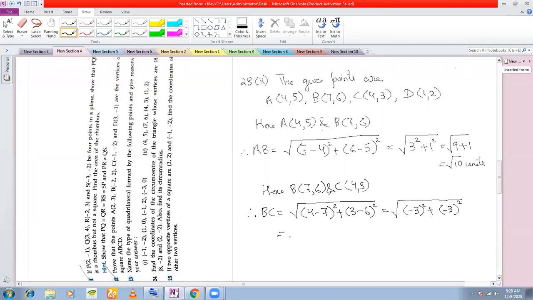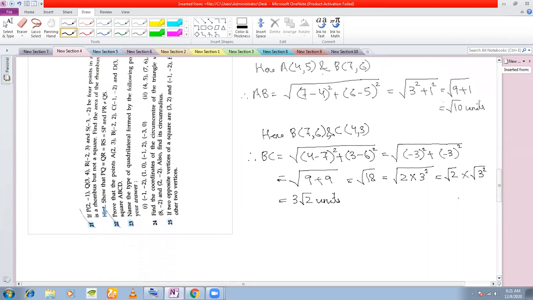We are getting 9 plus 9, in fact, we are getting this as root 18. And root 18 when converted to a mixed surd, prime factorize this as 2 into 3 square, which is root 2 into root 3 square, which is 3 root 2 units. Fine. This is BC.